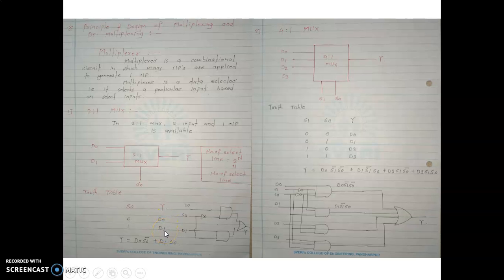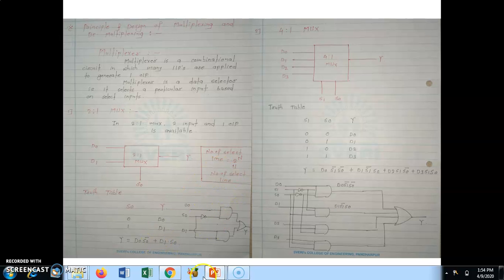So this equation we have to consider as a SOP form. We write the equation as D0 and we take the complement of S0, that is S0 bar, plus D1 into S0. So this equation we can implement by using gates.